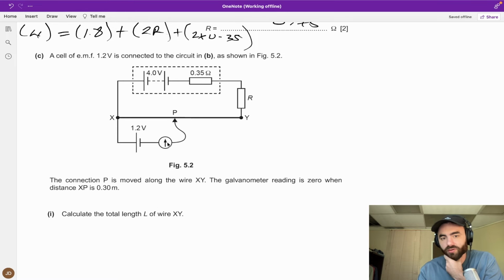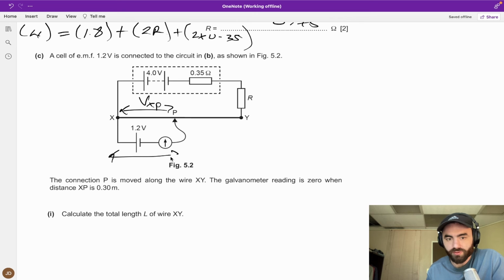So this reading 0 means that when this thing reads 0, the potential difference across here, VXP, equals the EMF of this cell. So the potential difference across here equals that. That's what it means when this thing reads 0.